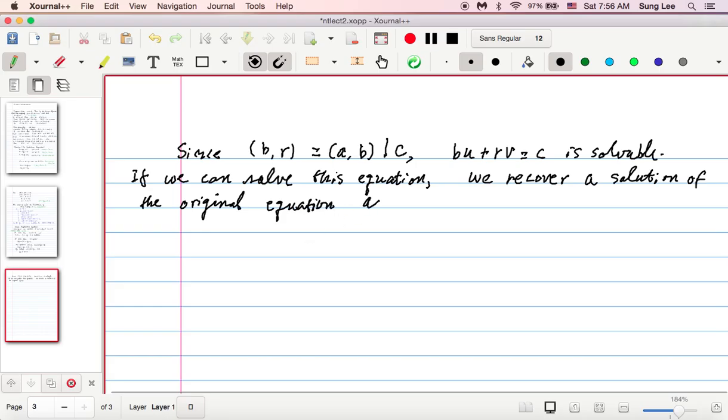The original equation means AX plus BY equals C, right? So we can recover a solution (X, Y) of the original equation as X equals V and Y equals U minus QV.